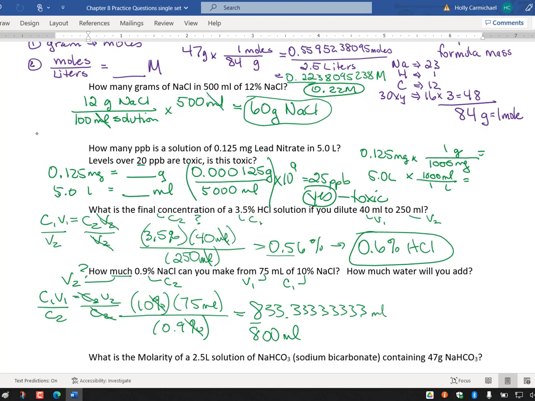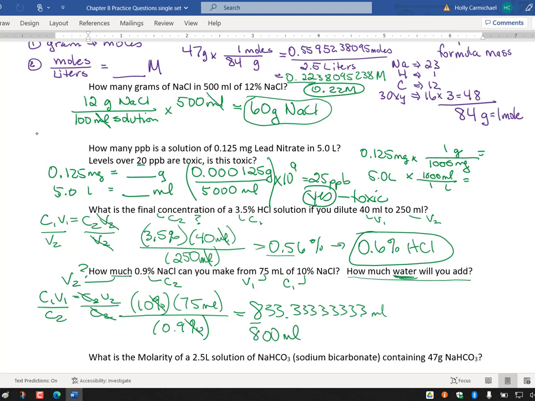Okay, so remember when I told you, when you were making up a percent solution or a molar solution, you really don't know how much water you can add. You just know you add enough water to make the final volume equal to what you're trying to get, because the solute takes up some room. But when you start with a liquid solution and you add water to dilute it, you can figure out exactly how much water you would use.